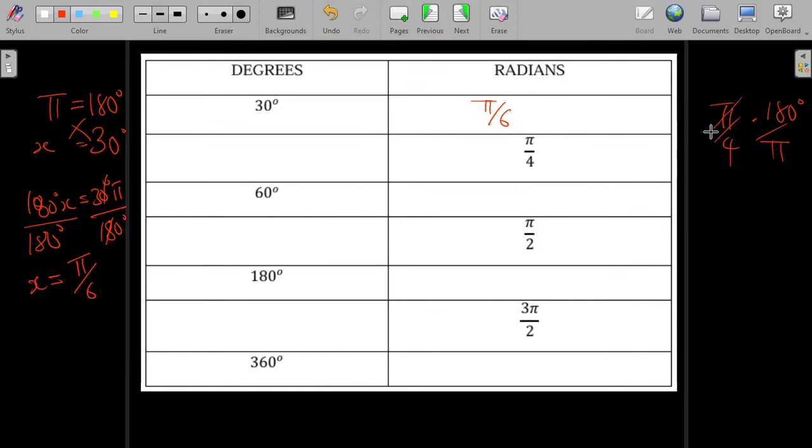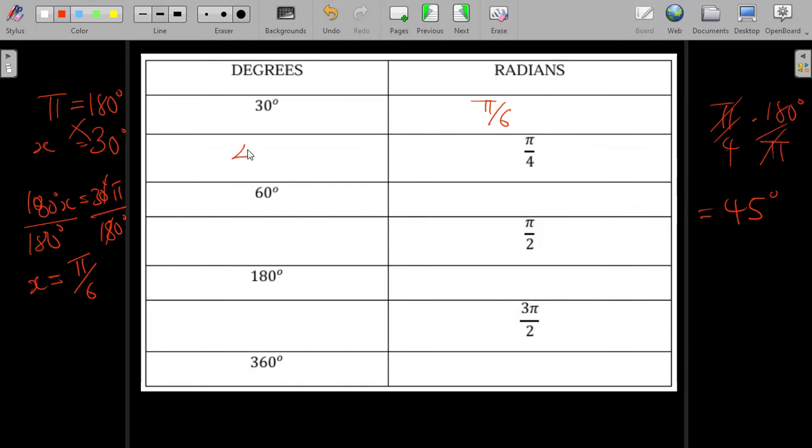You see that this pi and that pi divide. Then the 4 divides into 180 there, and how many times does that go? That will be 45. So that is 45 degrees.